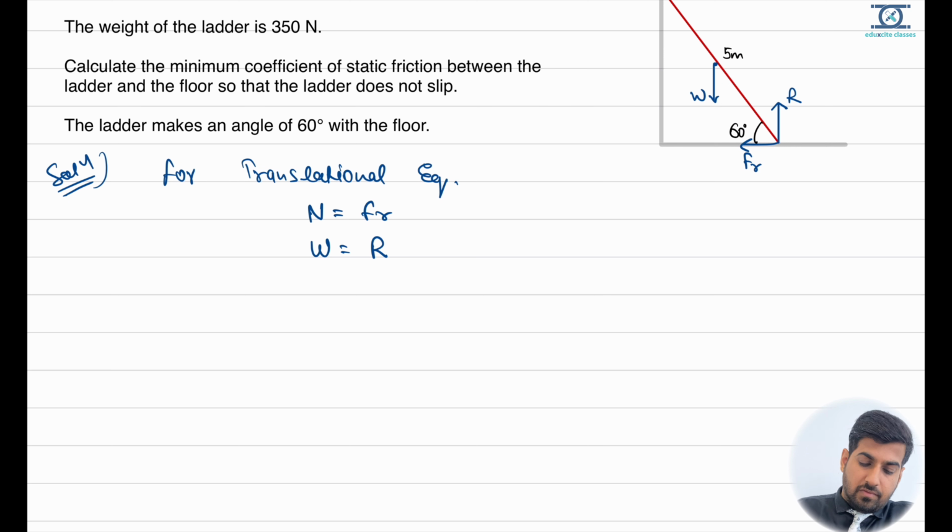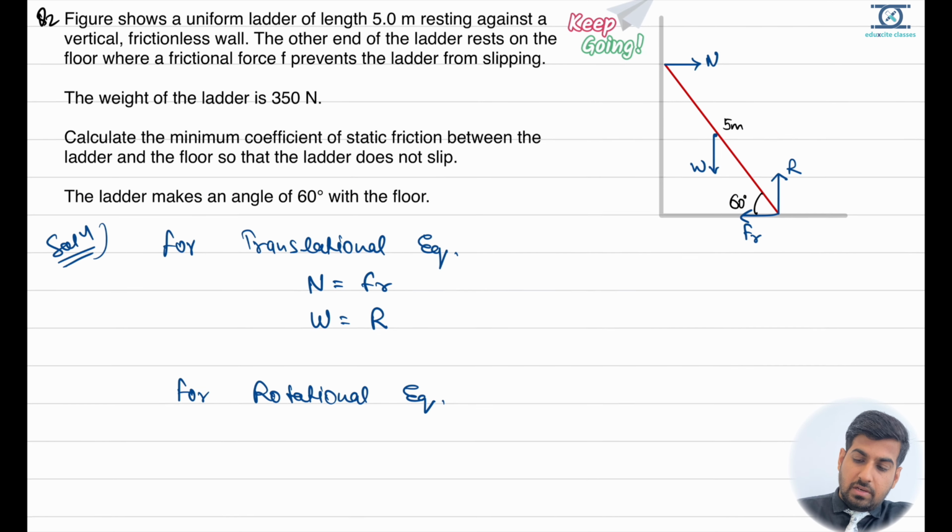Now again for rotational equilibrium, if I consider any point as a pivot, such that you have the minimum forces to take into account. So if I take this point, I don't have to take the torque for these two forces, because the distance from them will be 0 and the torque will be 0.